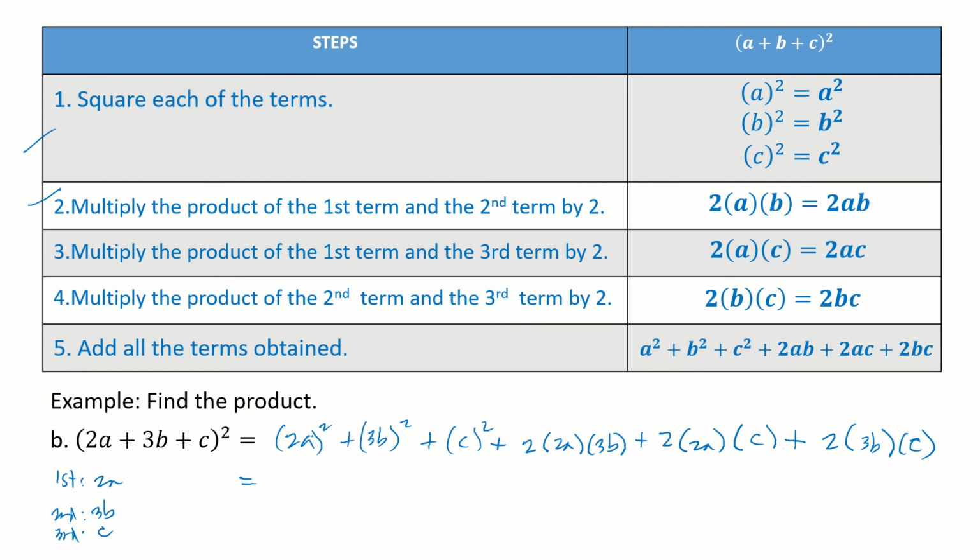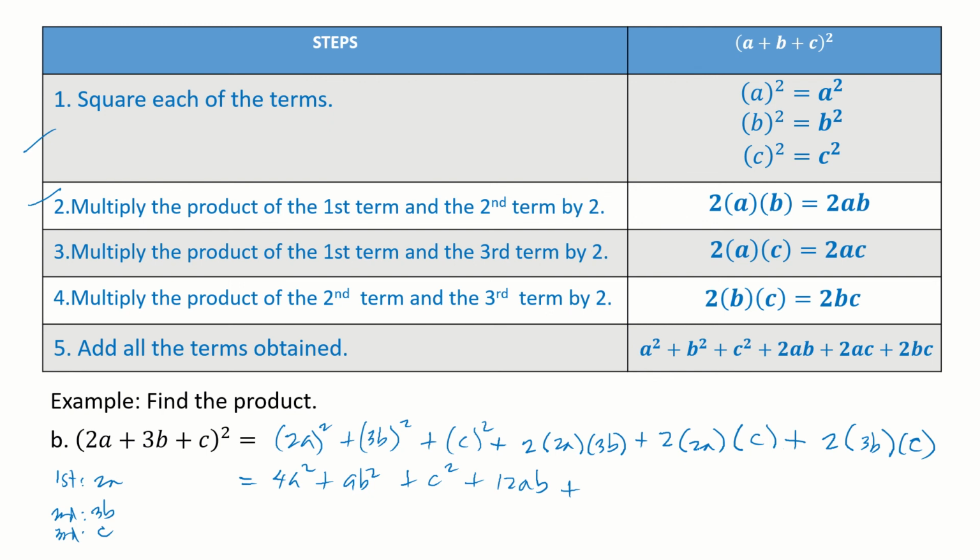Then we simplify. The square of 2a is just 4a squared. The square of 3b is 9b squared. The square of c is c squared. 2 times 2 times 3. 2 times 2 is 4. 4 times 3 is 12. So 12ab.